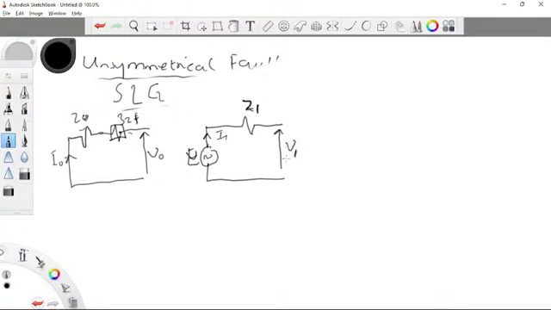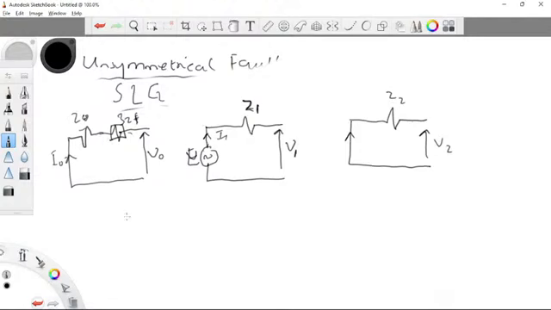Then for negative sequence Z2, we have V2. So when there's a single line to ground fault, you connect all the components in series.